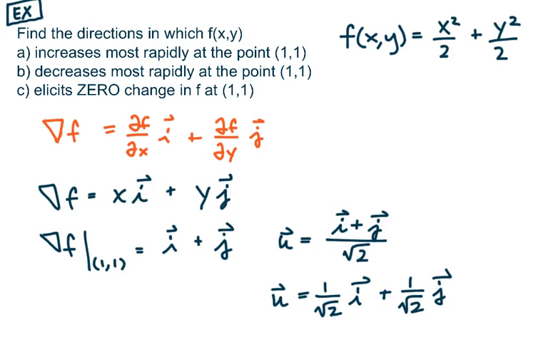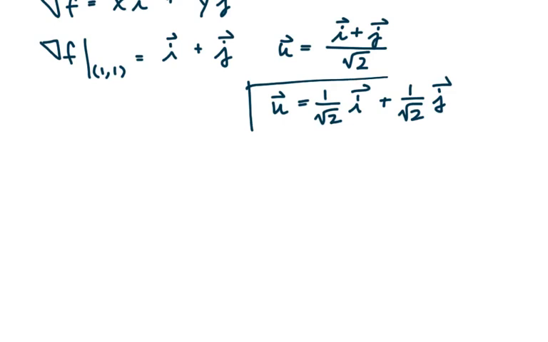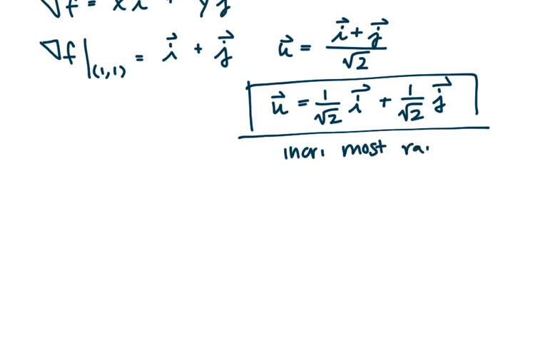Where is it decreasing most rapidly? So there's the increasing most rapidly. And by definition for part B, that would be the negation of the u vector.